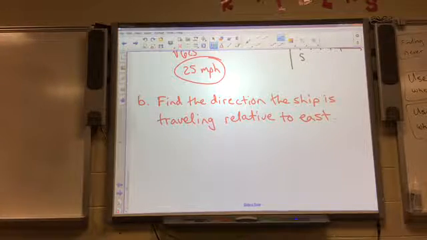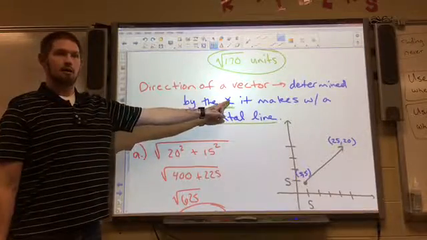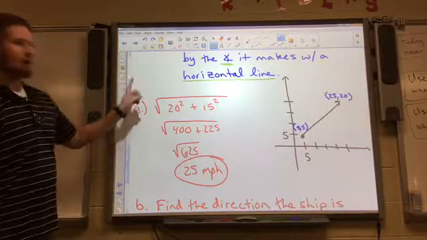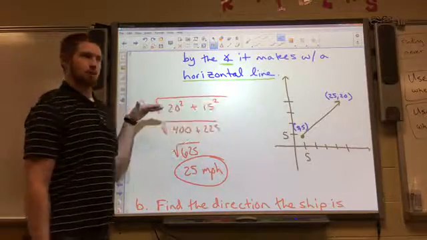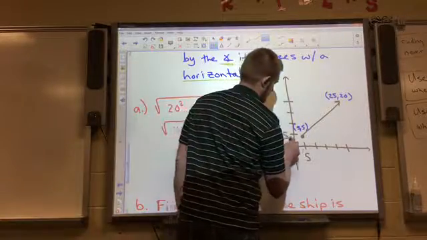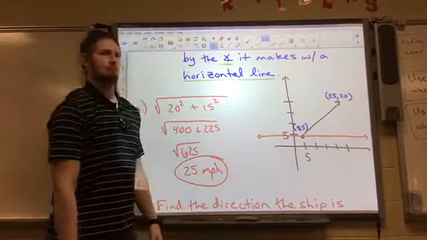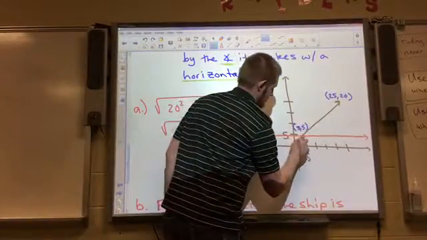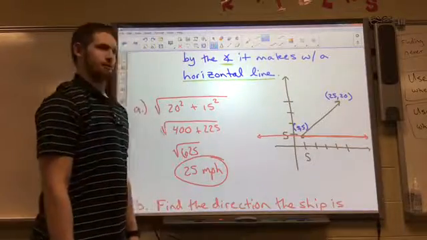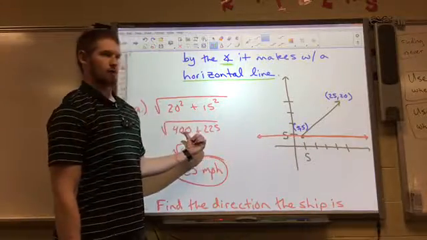So we have to find, now we know we're finding a what? An angle. My horizontal line is east and west, right? We are looking at this line, because if I was going this way, I would be going directly east, and if I was going this way, I'd be going directly west.